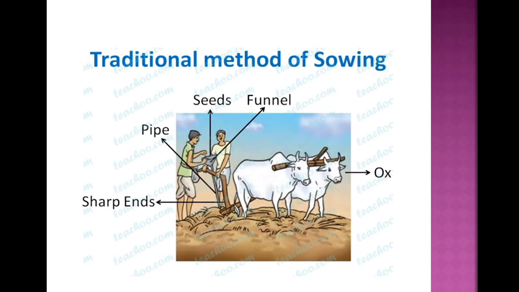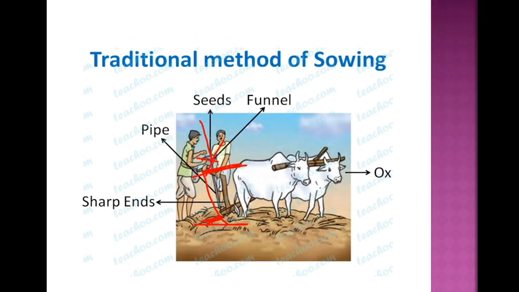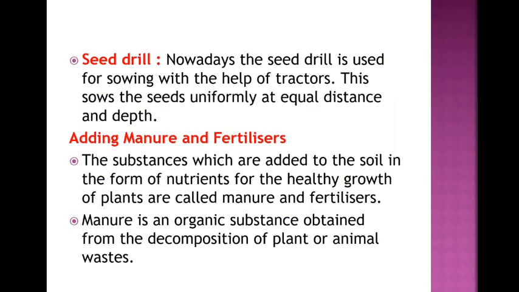Here this is a funnel and this is a pipe, and there are sharp edges near the base. The seeds enter the funnel and pass through this pipe, and the seeds are incorporated into the soil. So this is a traditional method of sowing. And then the seed drill.